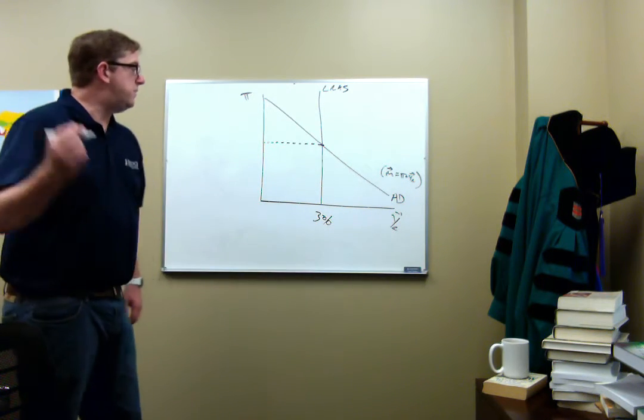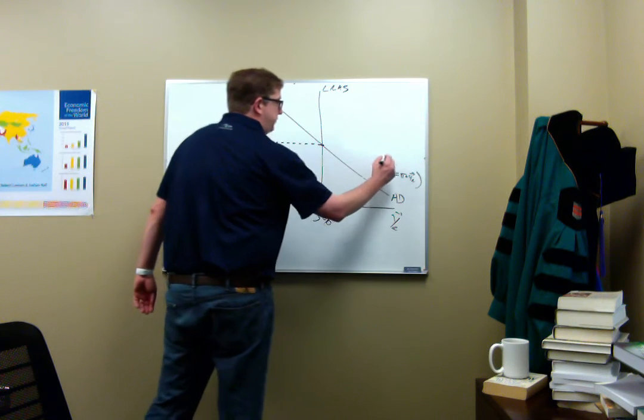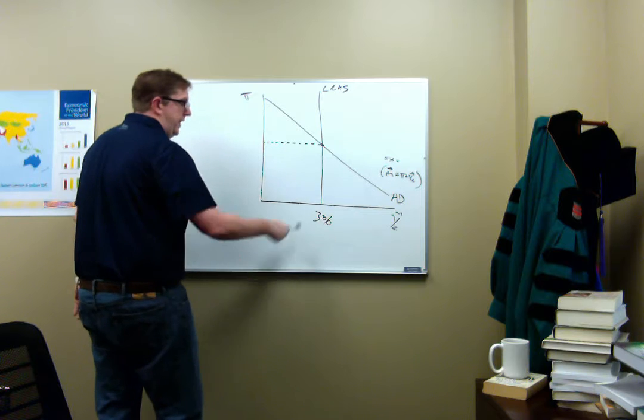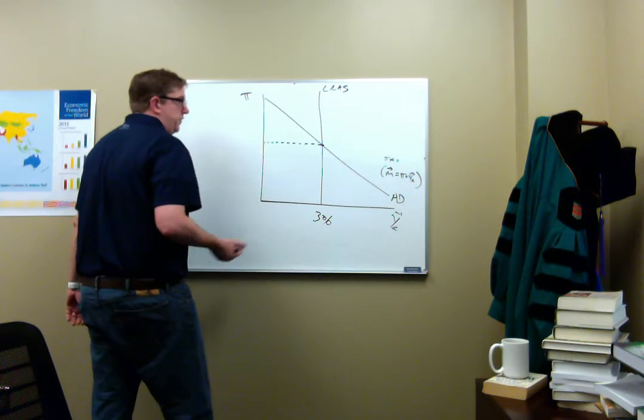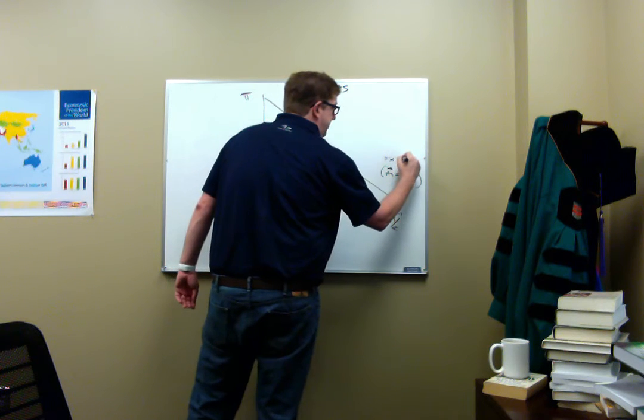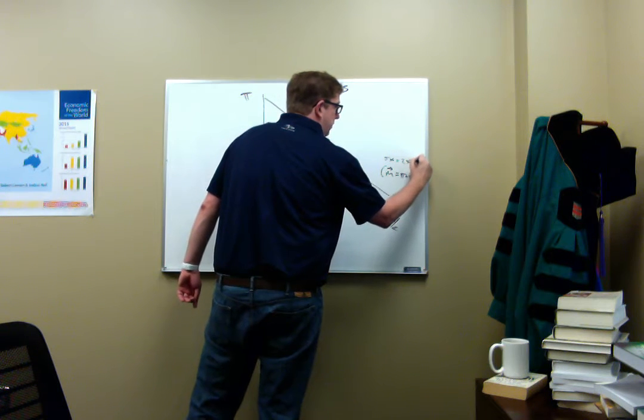So, if the money supply is growing at 5% per year, and the economy's long-run potential growth is 3% per year, then inflation is going to be 2% per year.